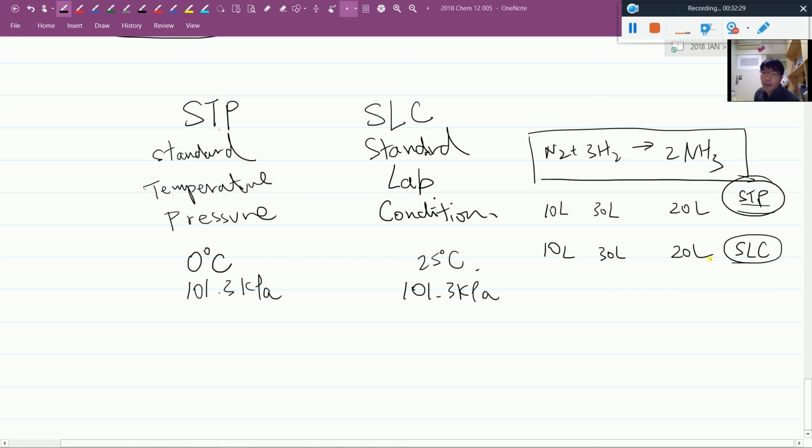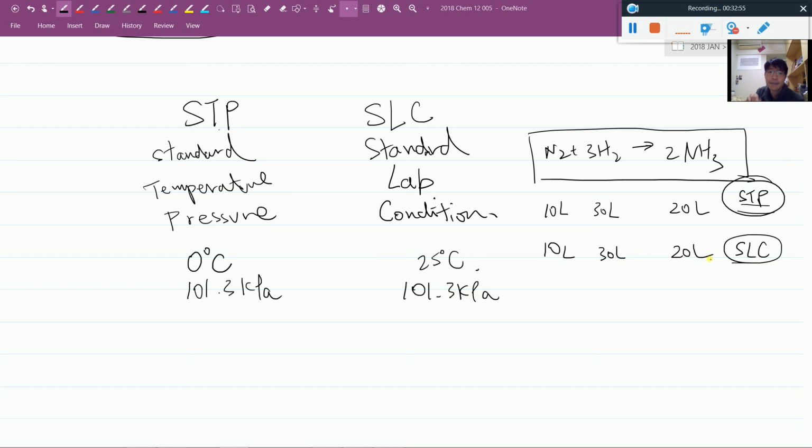And we will find one thing. Do you have exactly the same amount between STP and SLC for 10 liters of nitrogen gas or 30 liters? You expect that if you have the same pressure and same temperature, it would be the same amount.